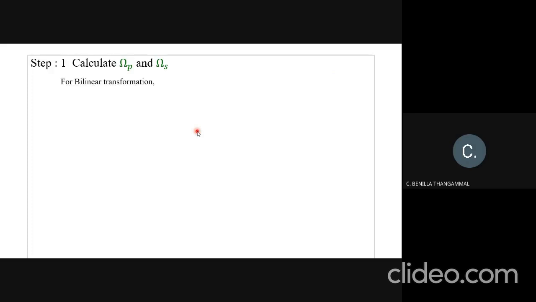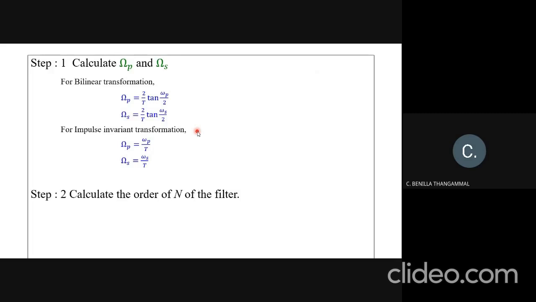If they ask you to use the bilinear transformation, the formula to calculate Ωp and Ωs is 2 by T tan(ω by 2). For impulse invariant, the formula to get Ωp and Ωs is ω by T. By this, you'll be able to obtain your analog Ωp and Ωs. Step 2 is to calculate the order of your filter.